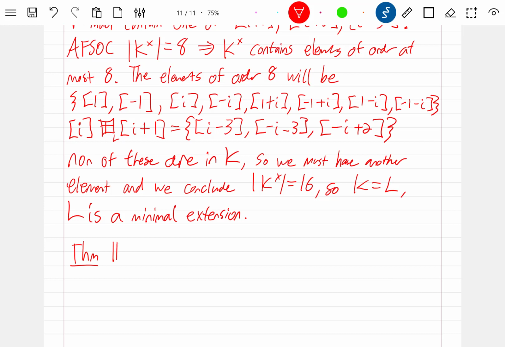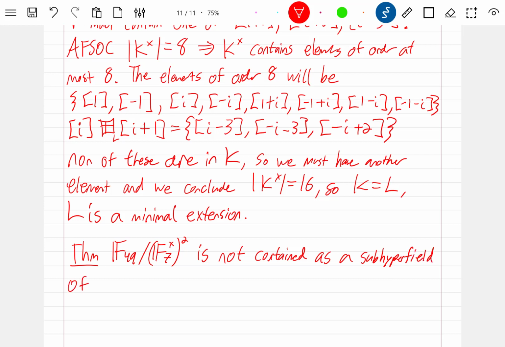So the theorem is, if I take my F49 mod the squares of F7, this extension is a minimal extension, but it is not contained as a sub-hyperfield of our other extension that we were considering when we picked our prime to be 11 instead of 7.